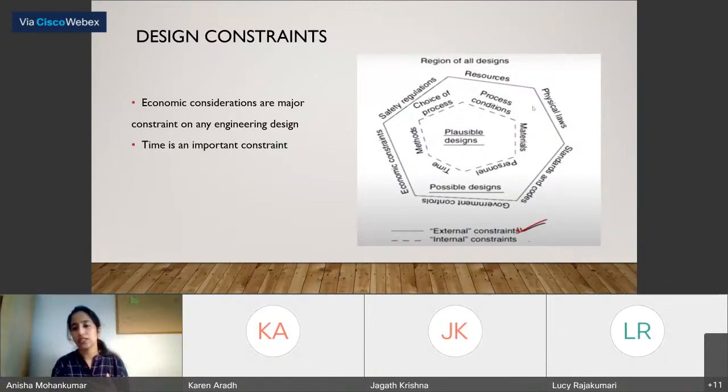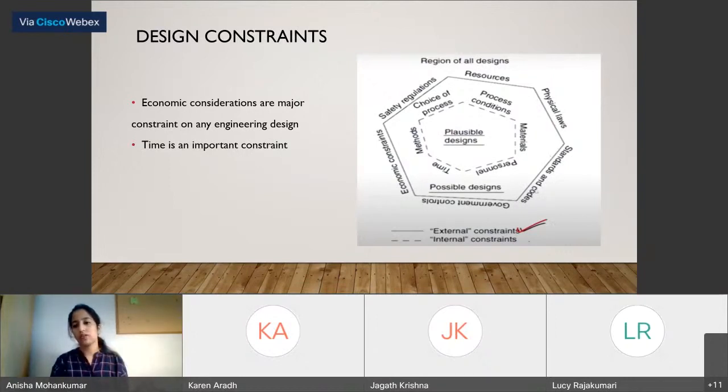And the physical laws: where the plant can be implemented, where it can actually be started. It shouldn't be near any residential areas or anywhere where people are living. It should be out of any human interference. So there are many laws that have to be followed, and standards and codes.